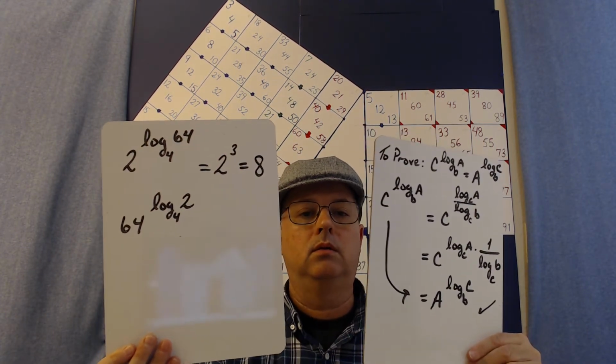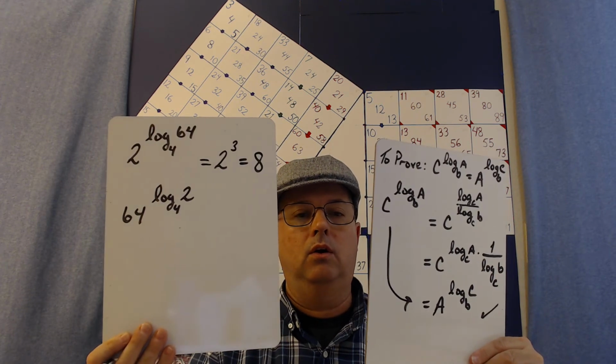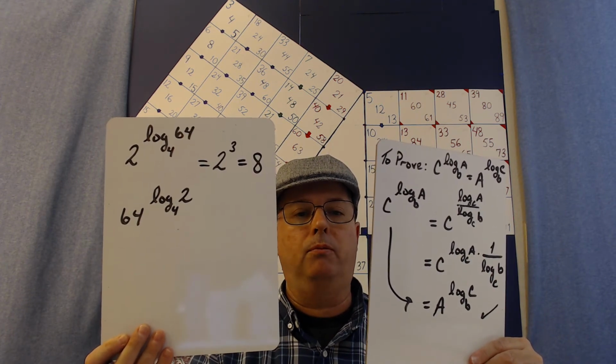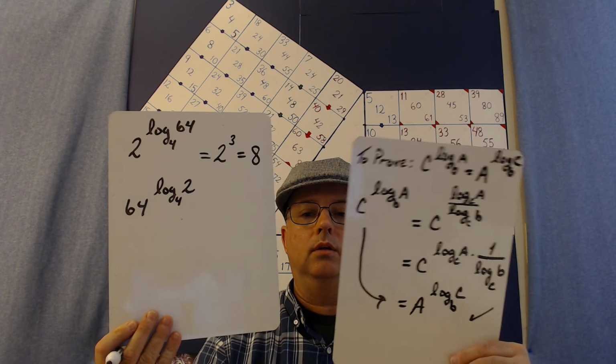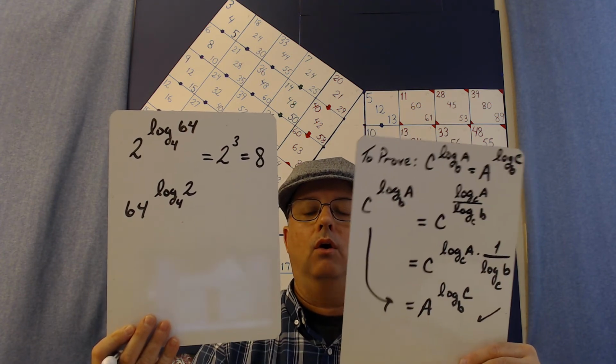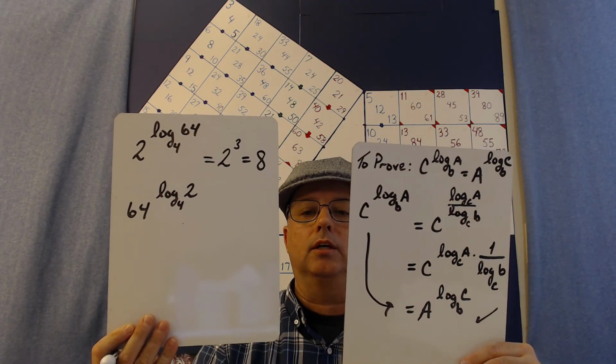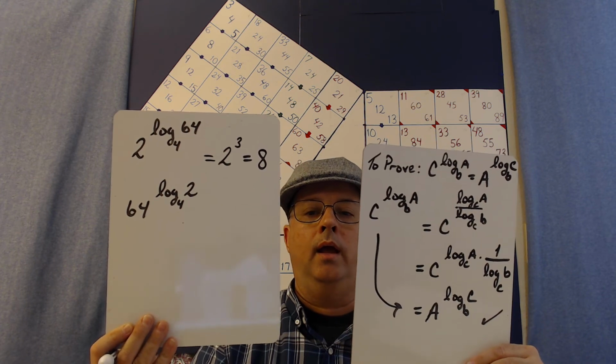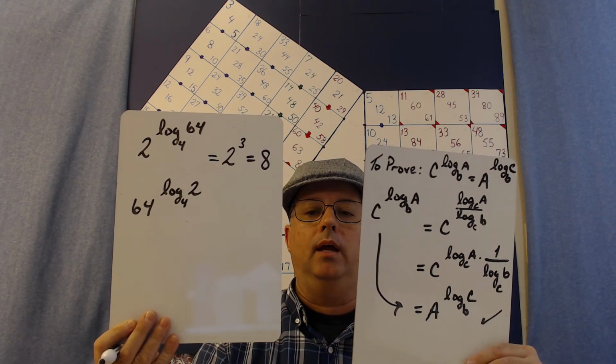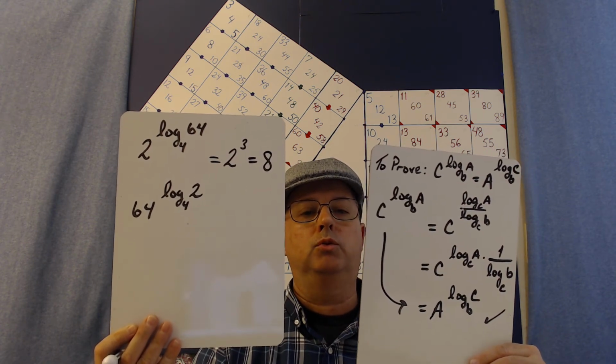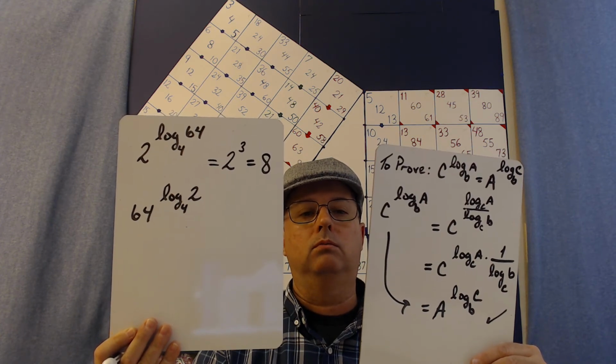So over here we had both of them were log base 4, just like the proof says. Log base b on the exponents there. And we switch the a and the c. So we switch the 64 and the 2.